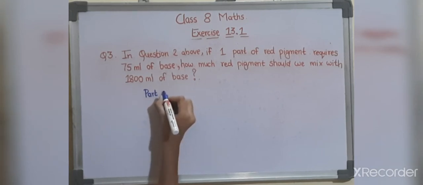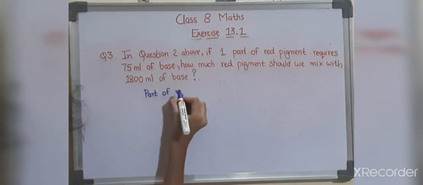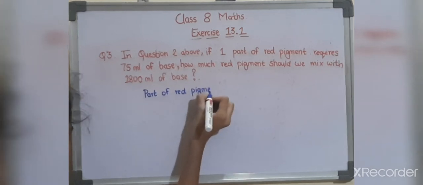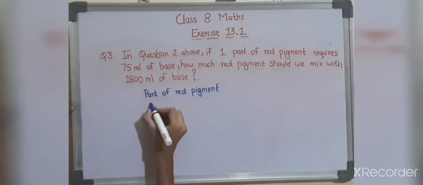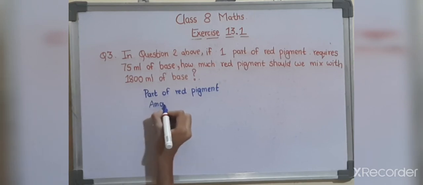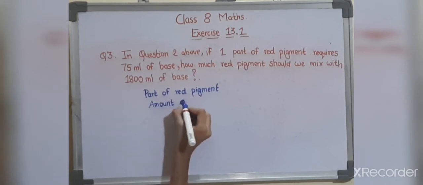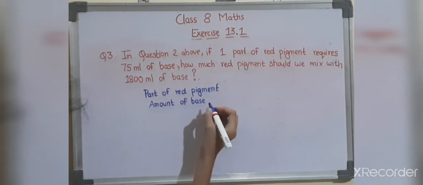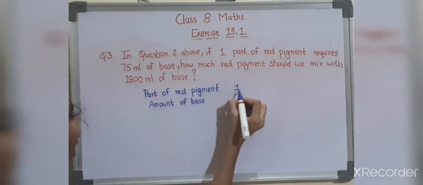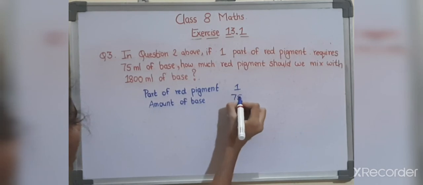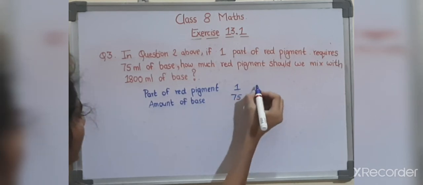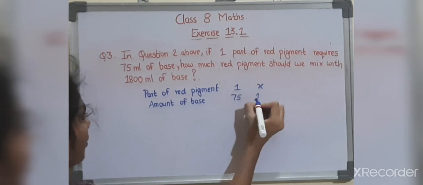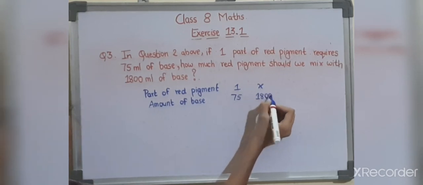Part of red pigment, amount of base. The part of red pigment is 1 and amount of base required is 75. Now let X be the part of red pigment required for 1800 milliliters of base.